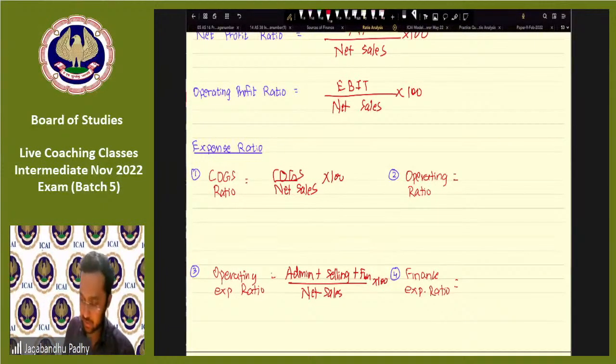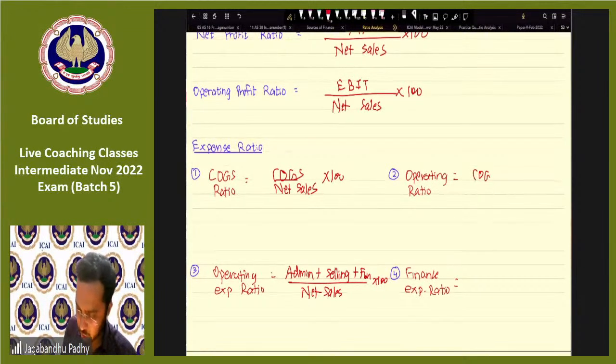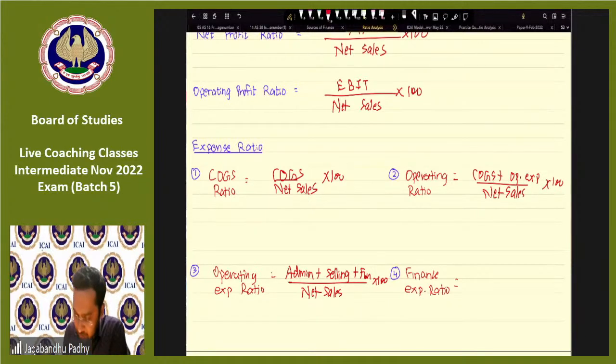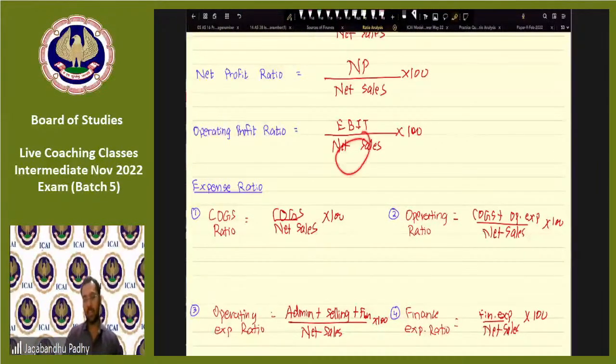Operating ratio is COGS plus operating expenses upon net sales into 100. Similarly, finance expense ratio will be finance expense upon net sales into 100. So all of these ratios are indicating what percentage of your net sales is the respective profit or the expenditure.